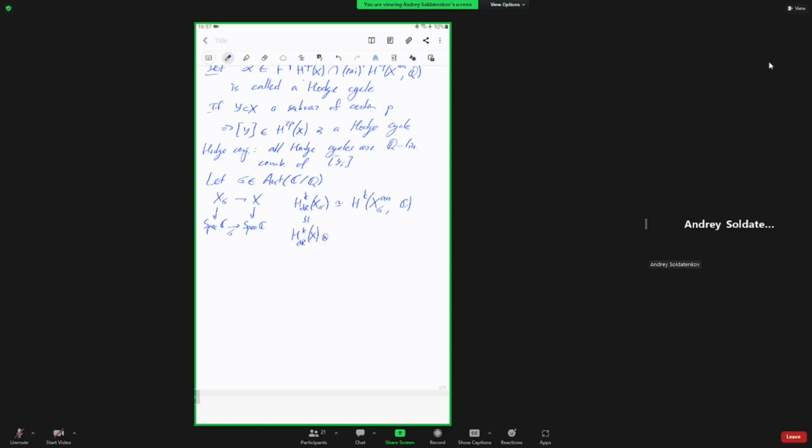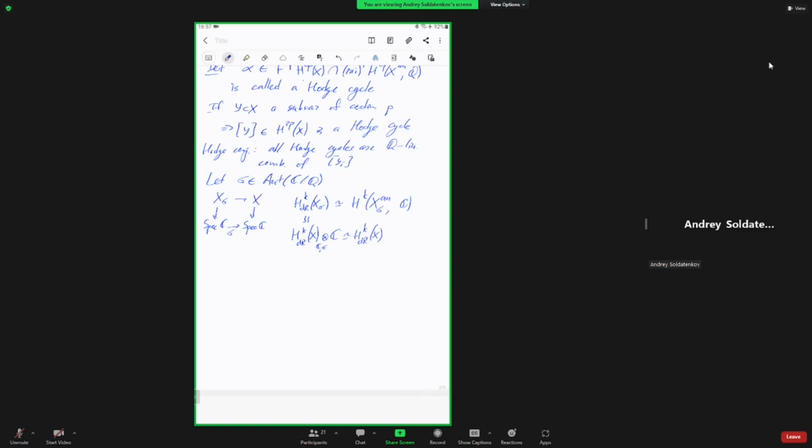So this will be just the same vector space, but whose structure of a complex vector space is twisted by this automorphism. So this is essentially just as a set the same thing as the Deligne cohomology of X.